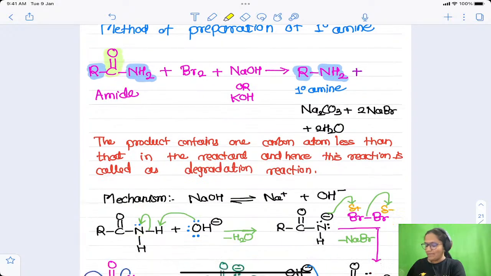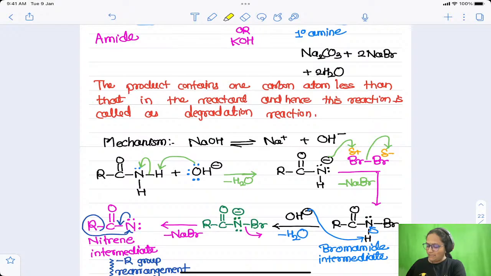Then the mechanism we have seen: NaOH or KOH, whichever you use, produces OH minus, that is a base. A base has the tendency to abstract a proton. So a proton from the RCONH2 amide will be abstracted, and we get loss of a water molecule. This is the first byproduct generated, giving a negative charge on nitrogen.